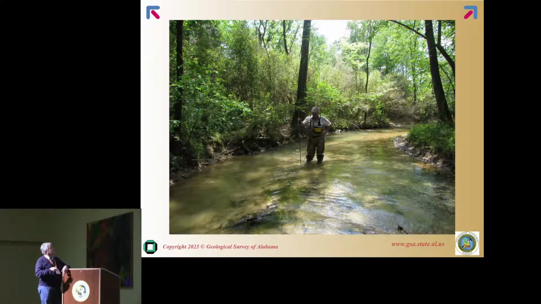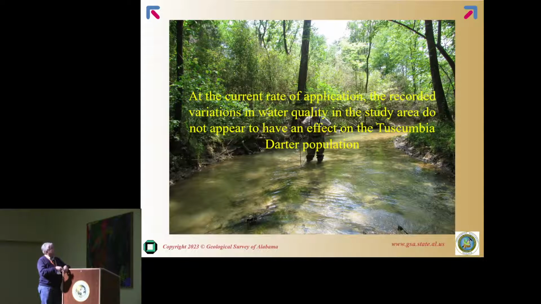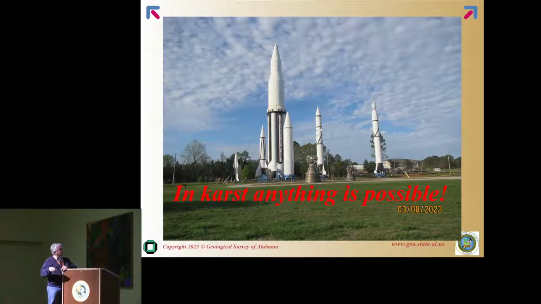And at the current rate of application, the recorded variation in water quality in the study area does not appear to have an effect on the Tuscumbia darter population. And if you have any question, that's the answer. Thank you very much.